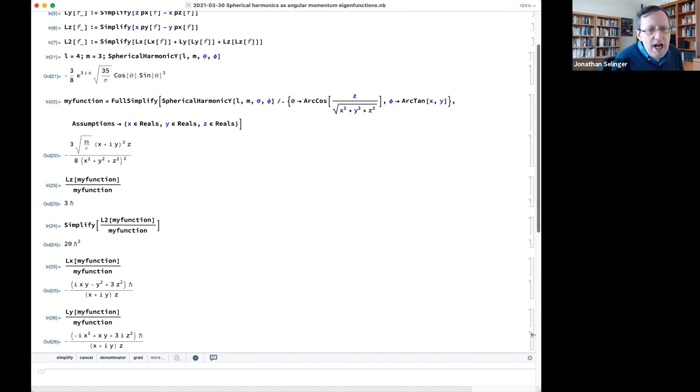Now, what if L is half integer, right? That's this other set of possibilities that we haven't covered yet. Okay, that is an interesting and tricky kind of situation.